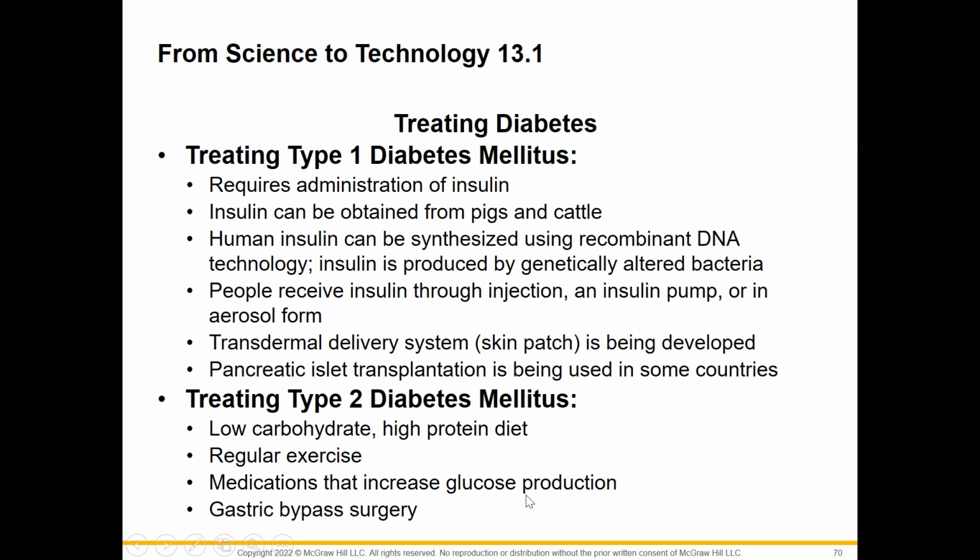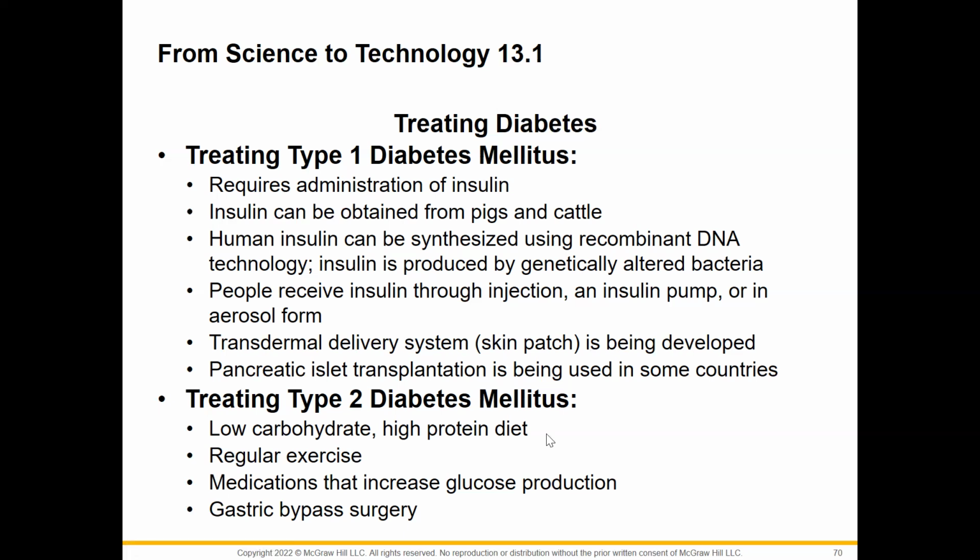Type 2 diabetes is called a disease of lifestyle. It's a disease of lifestyle, meaning the way the person is living, the way the person is eating and exercising or not exercising is all what is controlling how much glucose is in the bloodstream.